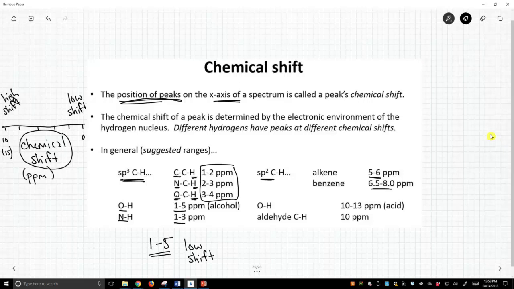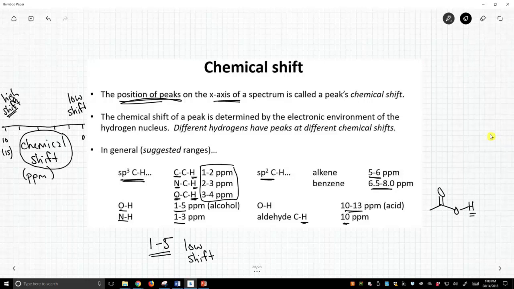If it's a benzene ring type system, it shows up between 6.5 and 8. And then there are other special hydrogens. Aldehyde CHs show up almost always right at 10 ppm. And the hydrogen off of a carboxylic acid tends to be way high shift, or downfield, as far as maybe 13 ppm.